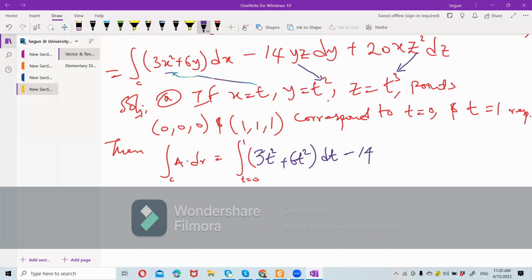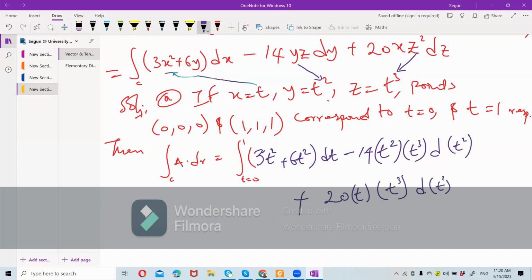Minus 14, t squared, sorry, times z which is t cubed, d of t squared, because the y in this case is t squared, plus 20t times t cubed squared, d of t cubed. I hope you are getting it.